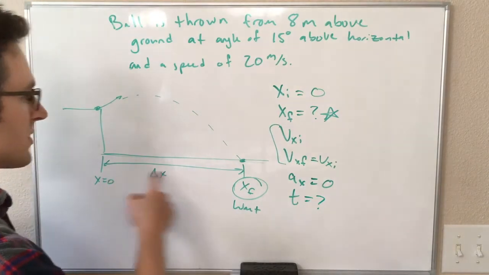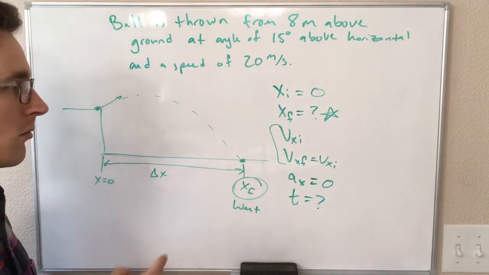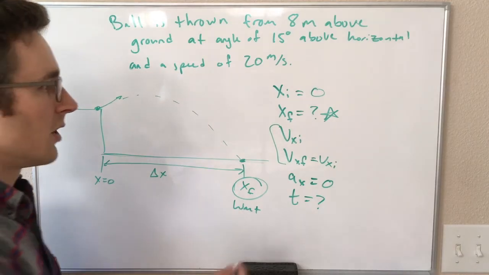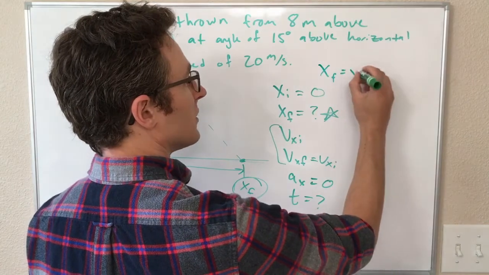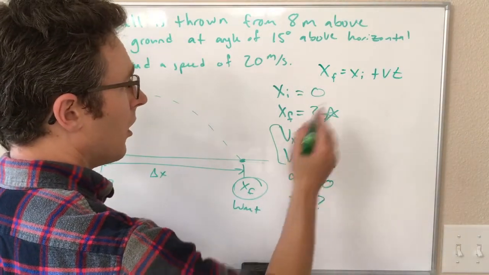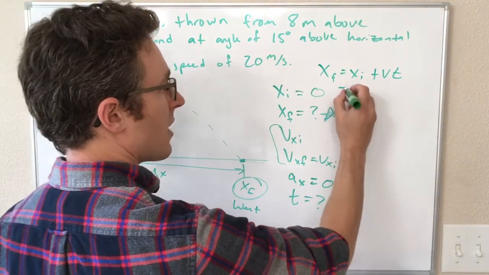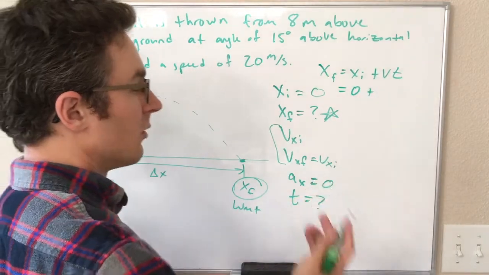Okay, so for position, when an object is moving at constant velocity, we only have one equation, and that is x final is equal to x initial plus vt. So if we want x final, we need all of these. We have x initial, we don't have v yet, but we know enough to figure it out, right?